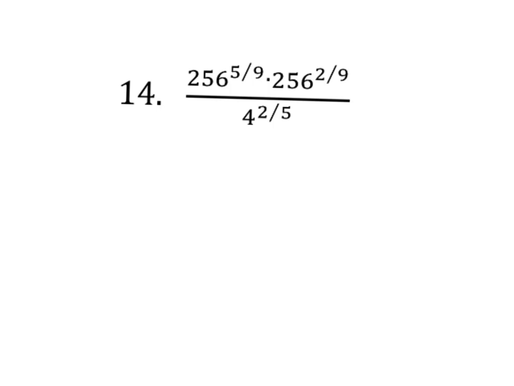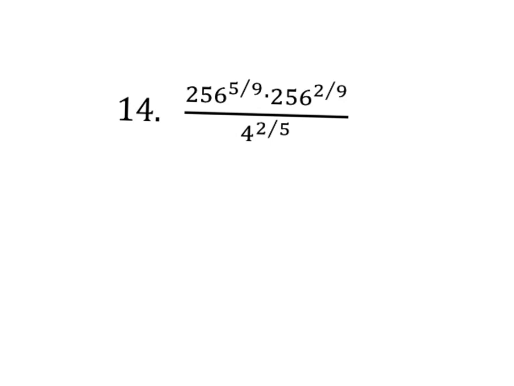And this last problem is going to be really similar. So the first thing I notice is that my top two things have the same base. So I can add my powers. And then I look on that little paper and see if I can rewrite 256 as 4 to some power, which I can. It's 4 to the 4th power.